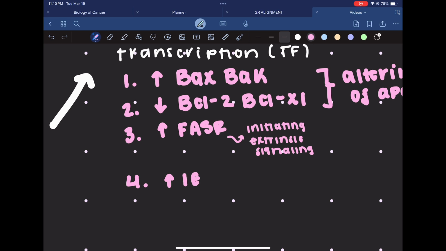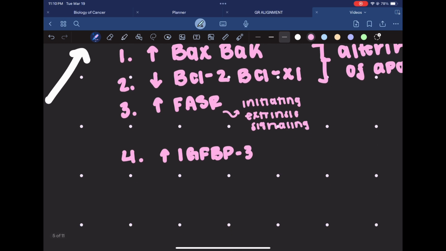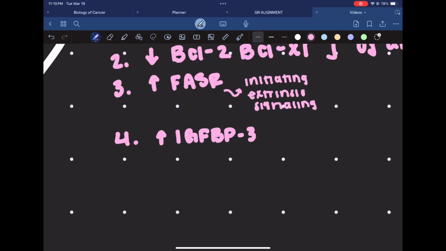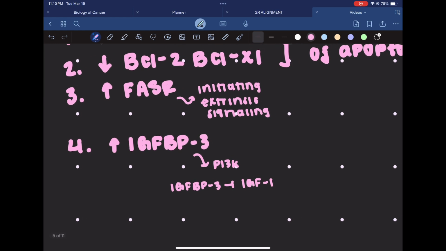We're going to increase the transcription of something called IGF-BP3, and this protein is actually involved in the p53 pathway. So IGF-BP3 inhibits a protein called IGF-1, which normally promotes activation of the PI3K pathway.